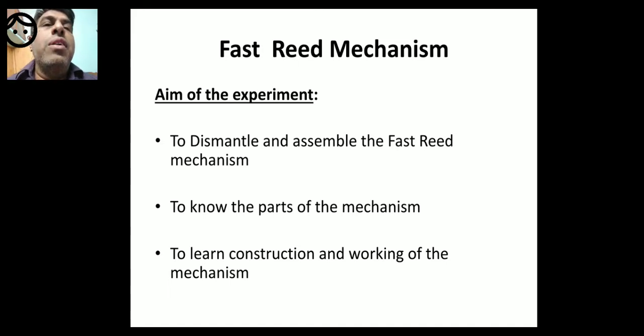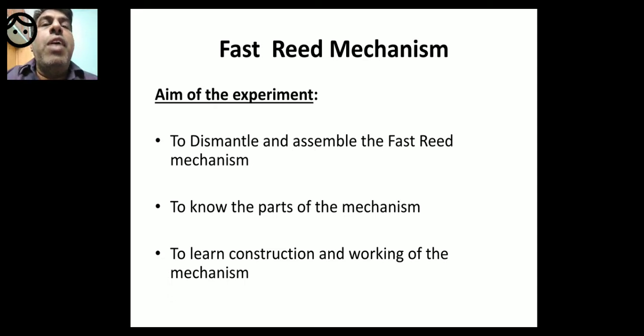Drop wires are the things that are used in mechanical warp stop motion and electrical warp stop motion. Coming to weft stop motion, there is side weft fork mechanism and center weft fork mechanism. Side weft fork mechanism is not present in our syllabus, and center weft fork mechanism I have completed in the last classes.